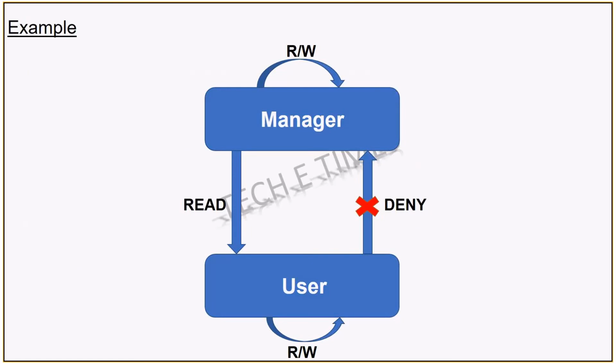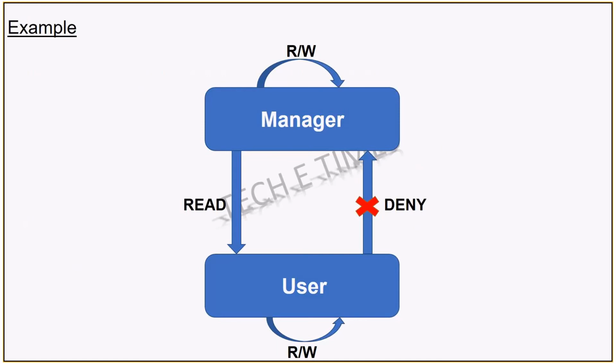Over here, you see a very simple example where you have two folders. One folder is for the manager and the second folder is for the user, or you may say the normal employee. Now, a manager can read as well as write in his own folder.